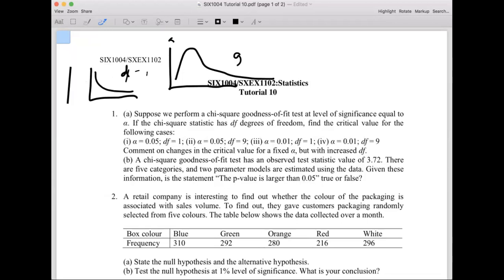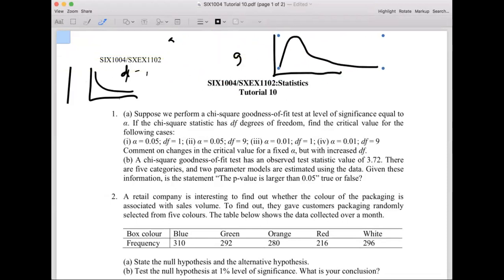So to get the 5%, right? You have a cutoff here. This one you also have a cutoff here, right? To get 5%.